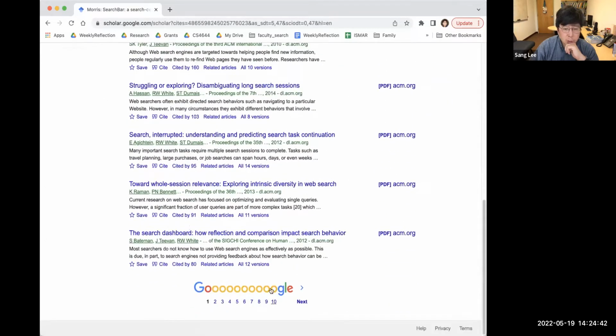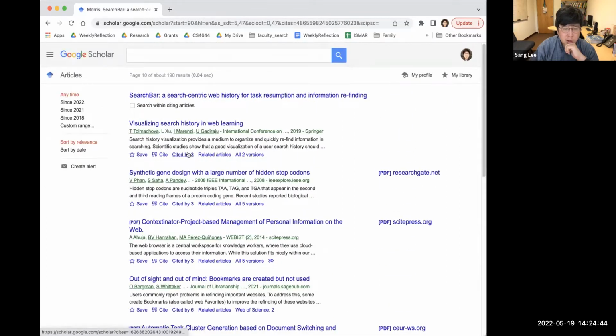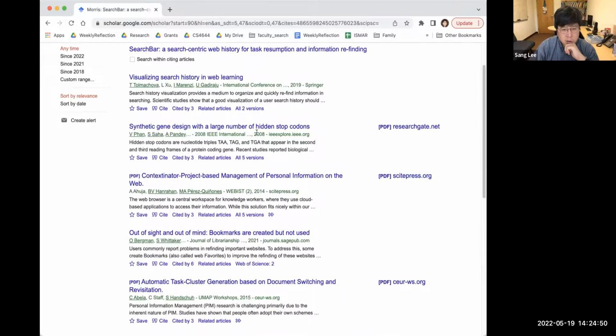And then if you go all the way to the end, you can see there are more, either recent papers or one from 2008, but it was cited only 3 times, which means, hey, I'm not saying that this is a poor paper at all. It could be a really good paper, but it was not cited too often by other people.